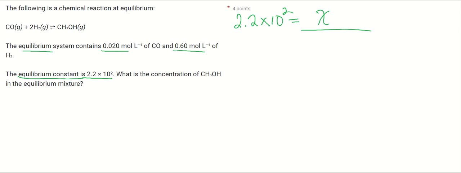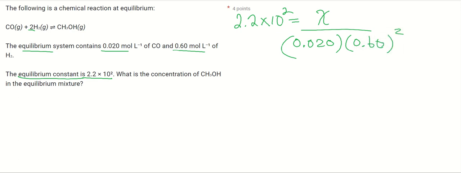All right, so now CO is just going to be what it is. We know they're not going to get units, so I won't write them in. But the concentration of H2, we're going to square that because of its coefficient. 0.60 squared. Now don't forget your parentheses.